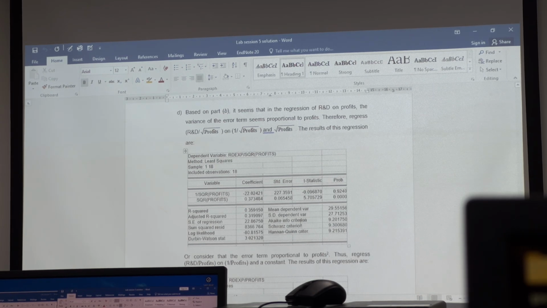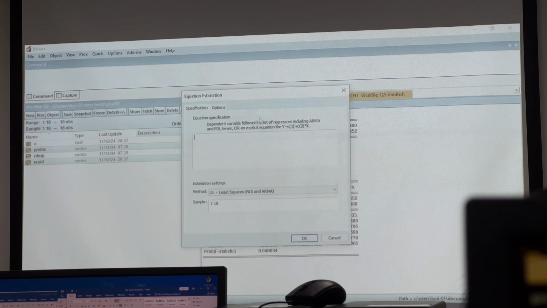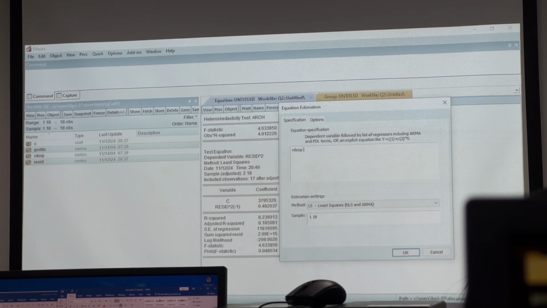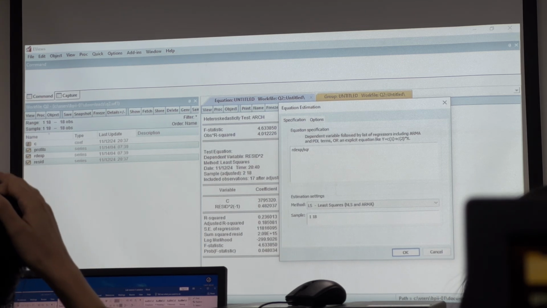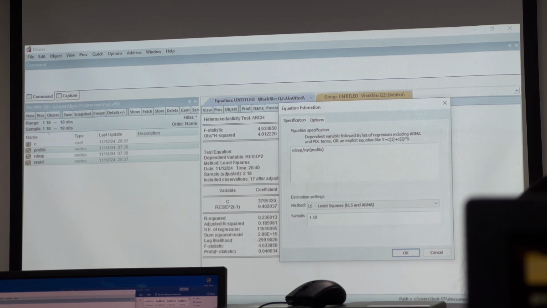Okay, this one. So you estimate. Maybe we re-estimate another one. So we estimate the transform equation. So we have RDEXP divided by square root of profit. And then the original intercept now becomes 1 over square root profit.